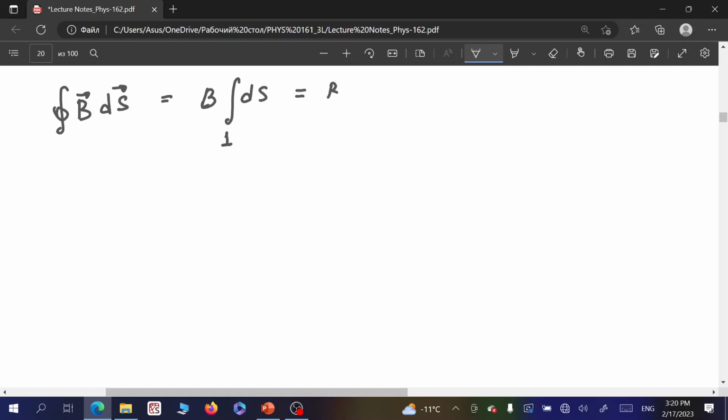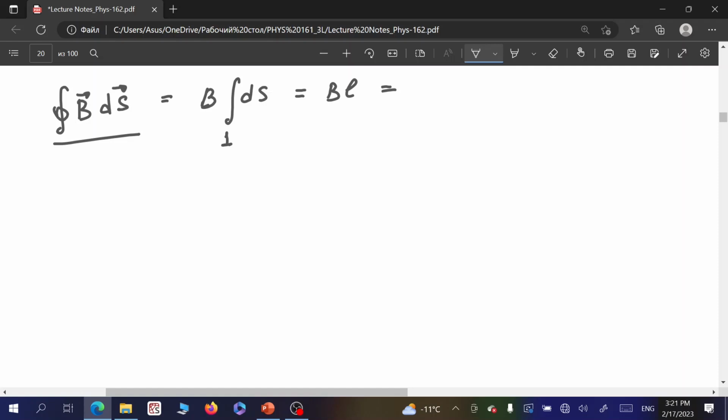That will be equal to B times L. So we have the result of this integration, and we know from Ampere's law what it should be equal to.